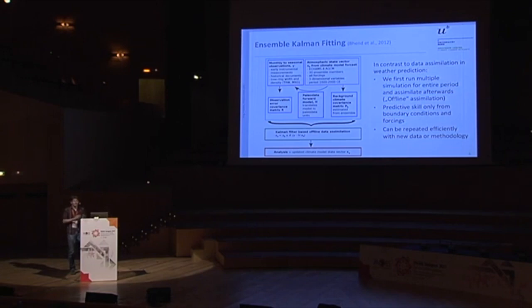We run that whole simulation in advance, so we do an offline assimilation. We don't stop the model run and start it again after assimilating. We just run it completely first, and then we assume that this ensemble spread of the 30 members covers the whole range of possible climate or atmospheric states, constrained by all the forcings.